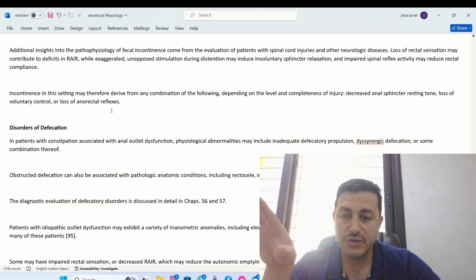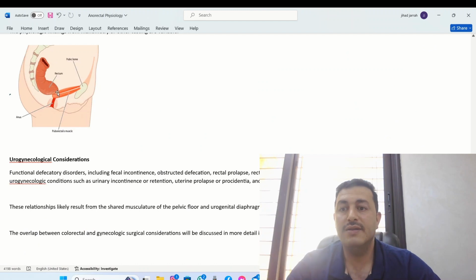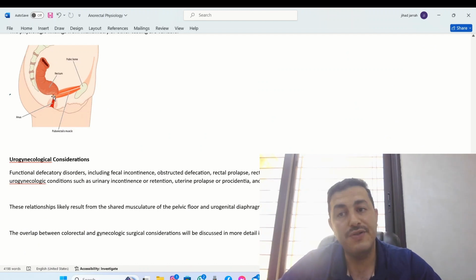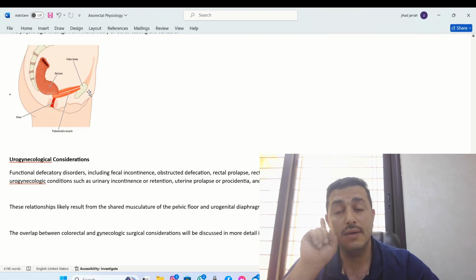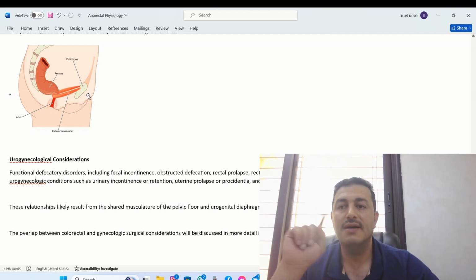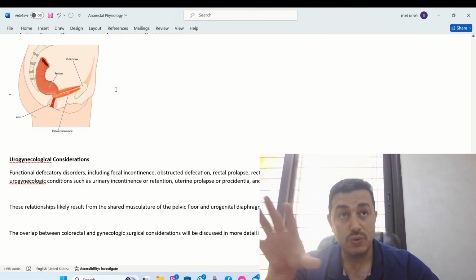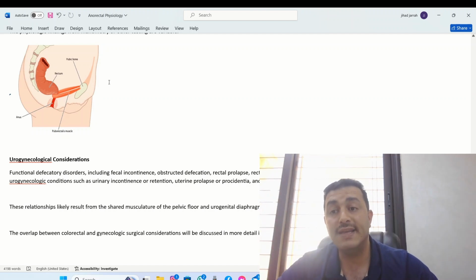I think we have a picture here. This is the puborectalis muscle. In cases of continence it is contracted, it pushes the rectum towards the pelvic bone, and the angle is about 90 to 110.